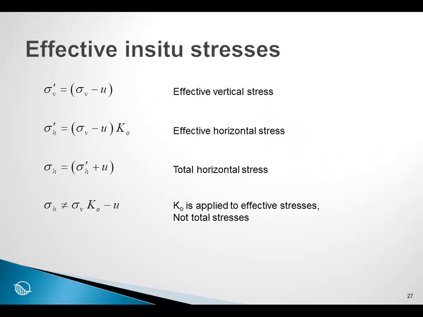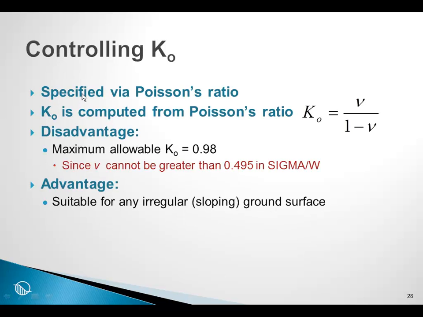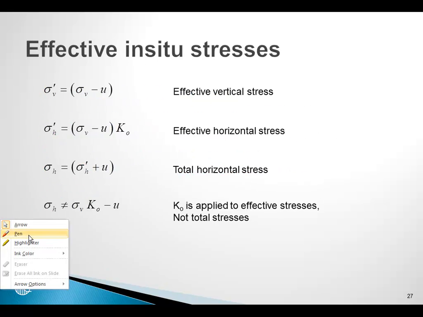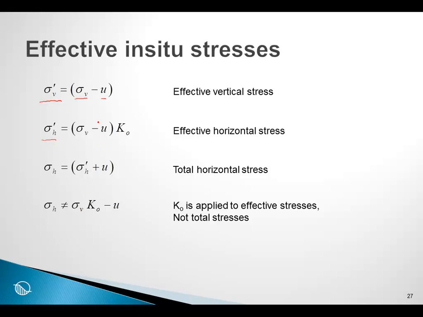So, effective in situ stresses. We of course know that the vertical effective stress is the vertical total minus the pore pressure. The horizontal effective is equal to the vertical effective times K0.